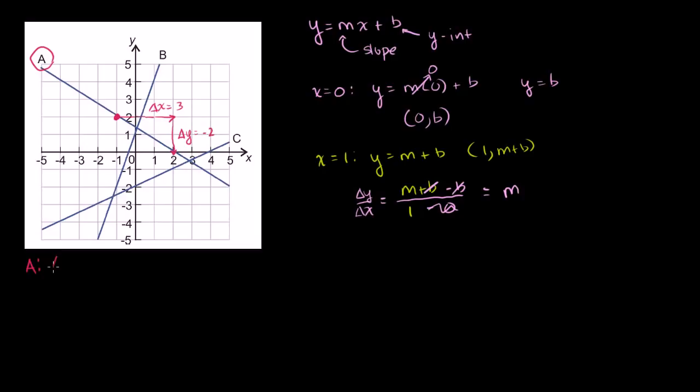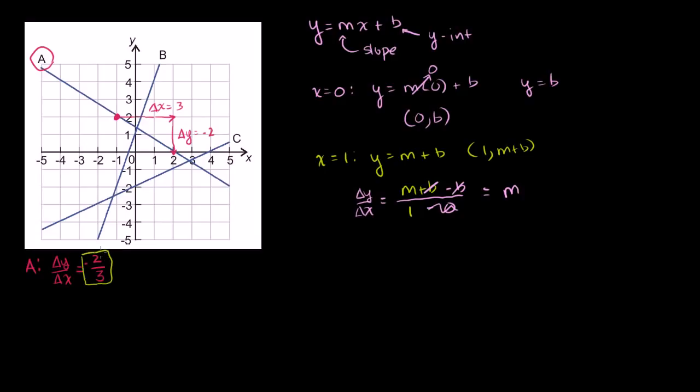So for A, when our change in x is 3, our change in y is negative 2. So our slope is negative 2/3. When we go over by 3, we're going to go down by 2. Or if we go over by 1, we're going to go down by 2/3. You can't exactly see it there, but you definitely see it when you go over by 3. So that's our slope. We've essentially done half of that problem.